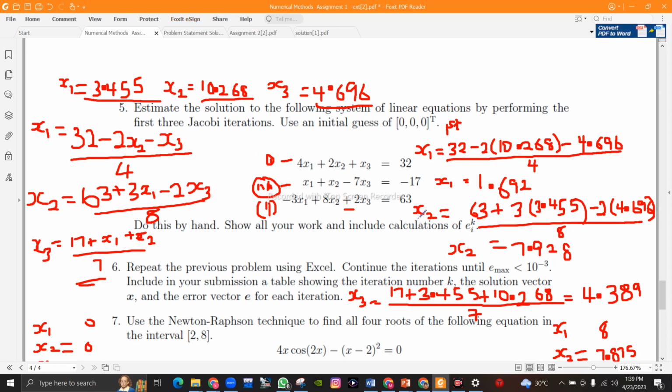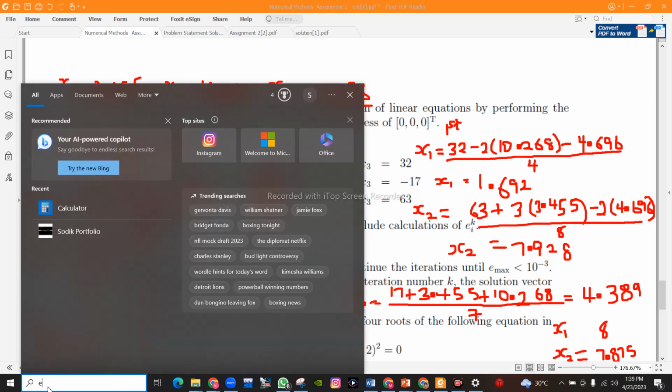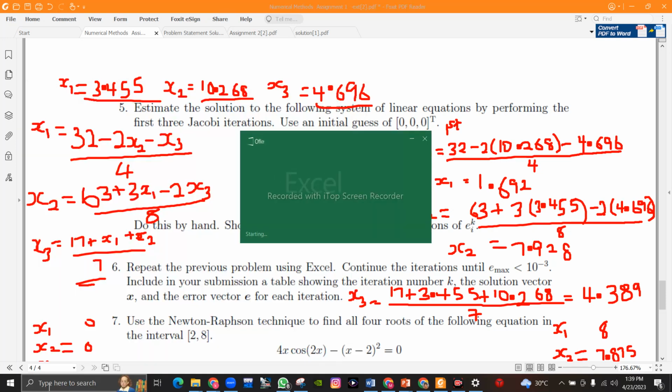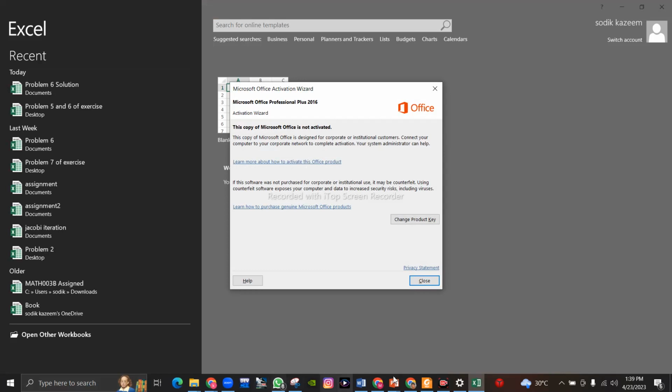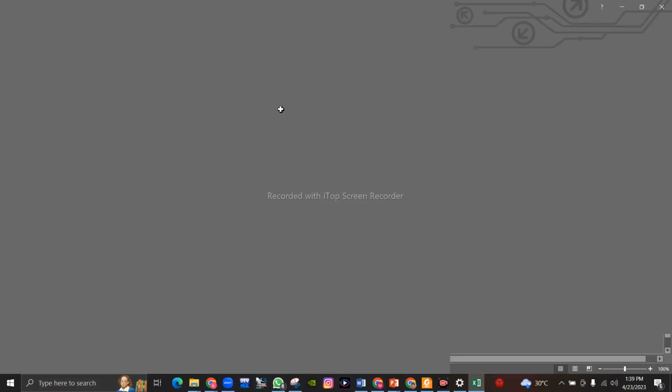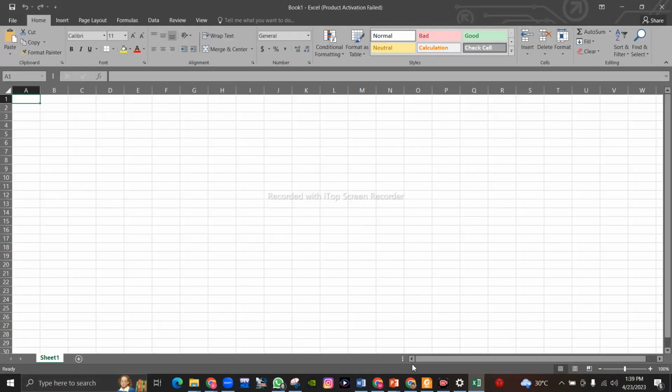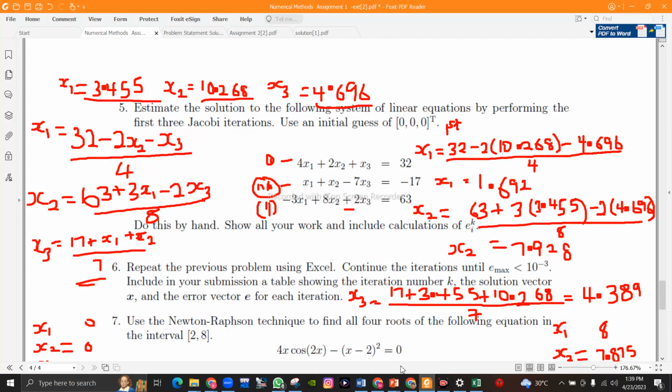So let's use Excel to solve the problem. I'm thinking I should copy and paste the problem here, so we know we're coming back here. Let me rub off all of this.